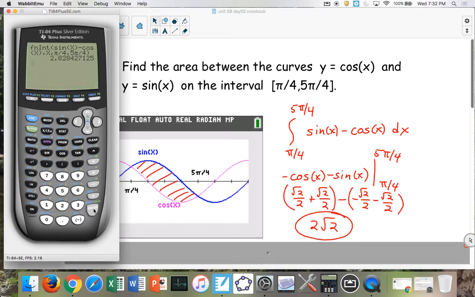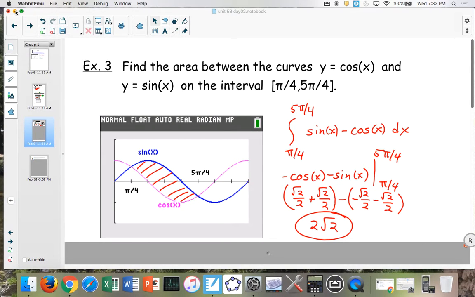That looks better. 2.828 approximately. Which is the same as 2 root 2.